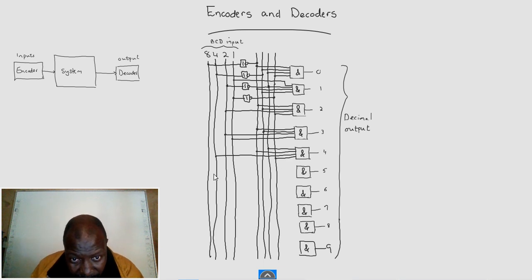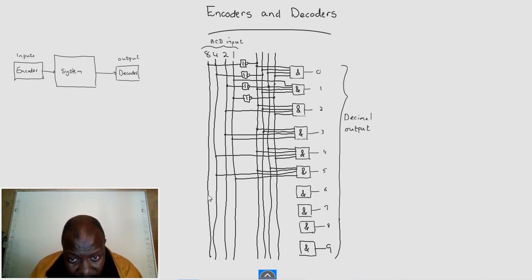The 5, the 8 is inverted. The 4 is direct. The 2 is inverted. And the 1 is direct, because 5 is 4 and 1.